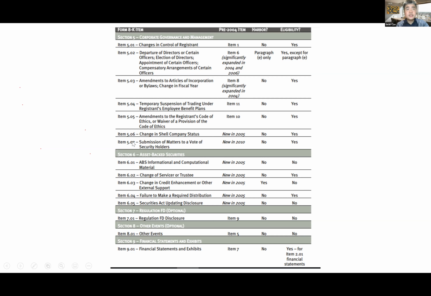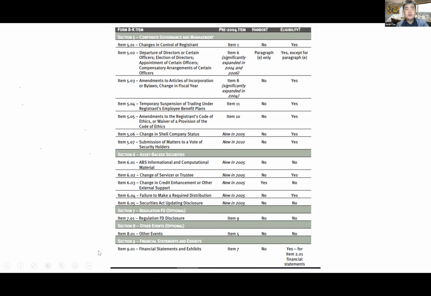And also you can see that there are new items. The change of the service and trustee, item 6.02, is new. Item 7 is important. Item 7.01 is what we are going to talk about today.